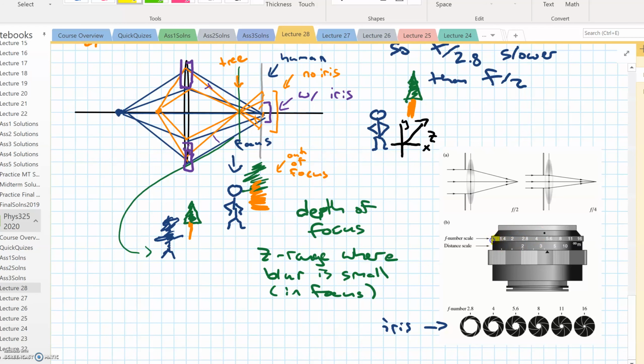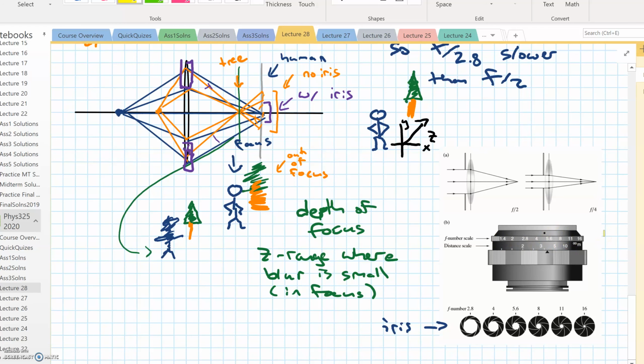It goes up as square roots, because as you decrease the diameter, you decrease the area by the square root, and the corresponding depth of field. You see that? So they move together. As you increase your F number, you have a slower lens, but you increase your depth of field.